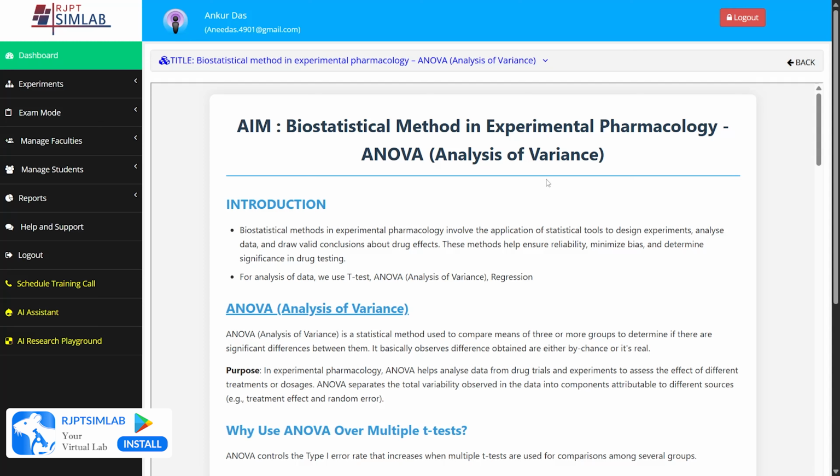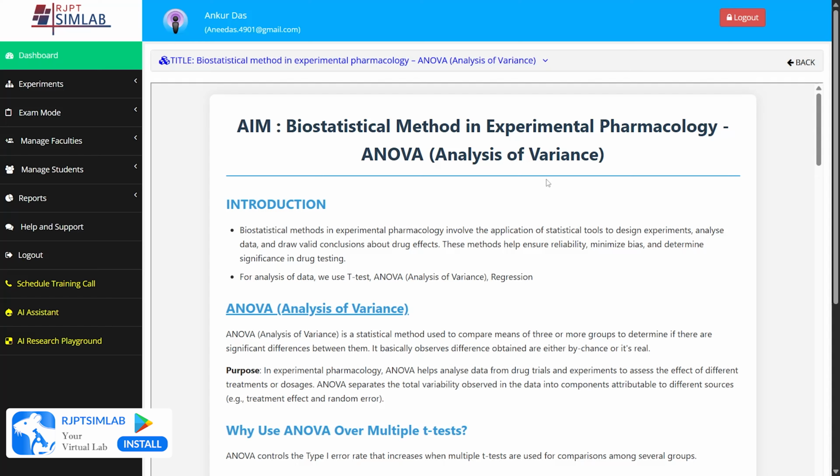The above introduction paragraph says that this is a biostatistical method of experimental pharmacology, and it is used for the design of experiments, for the analysis of data, and we can draw a valid conclusion about the effects of the drug in the experiment. These methods help us to ensure reliability and minimize bias. Bias is supporting any one decision without any valid proof.